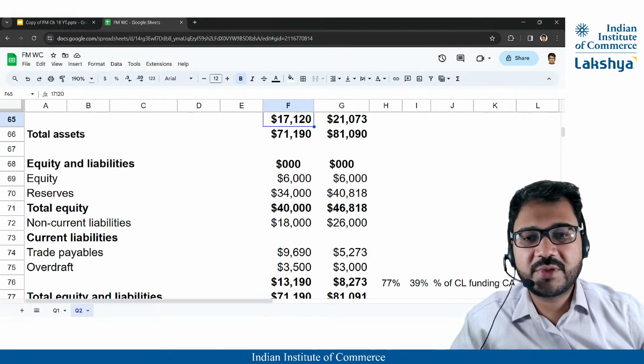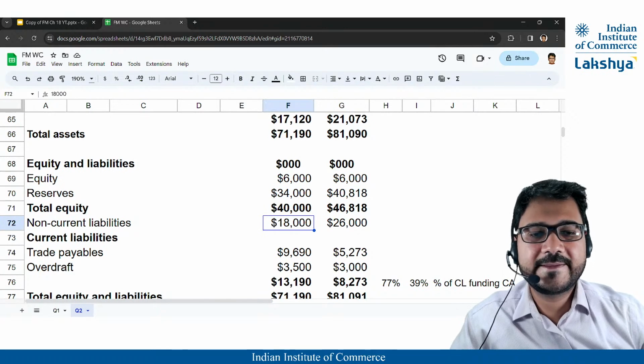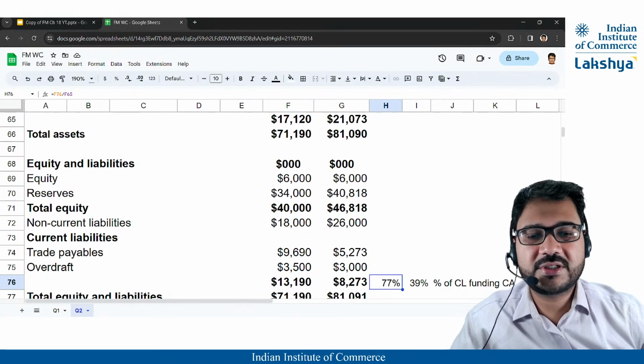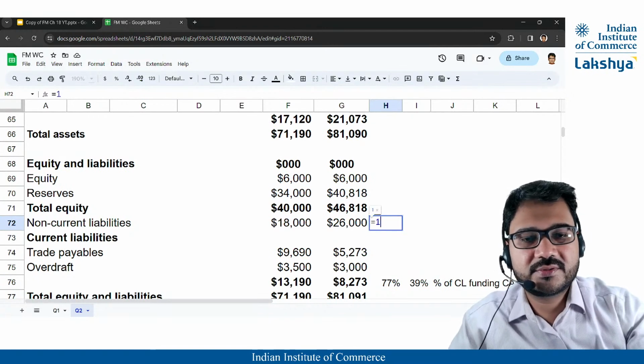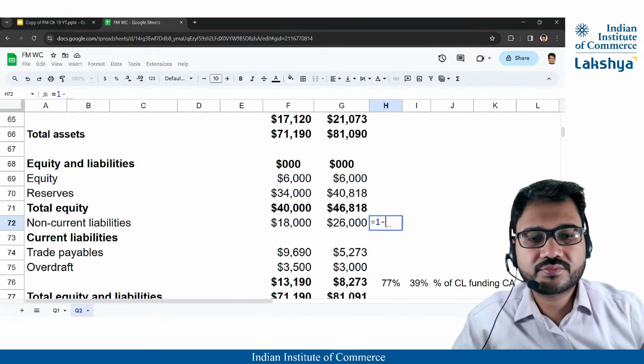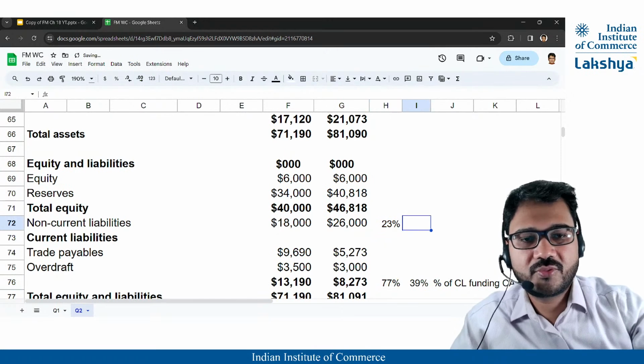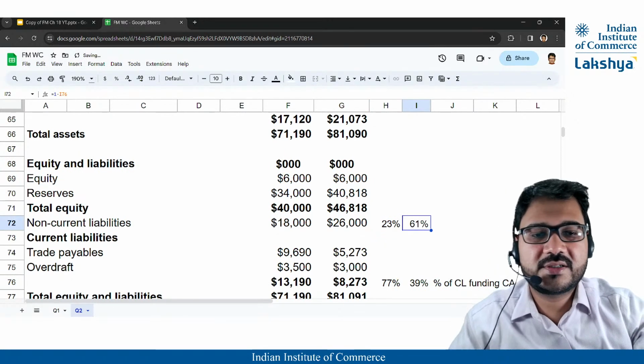So therefore, it was coming more like your requirement is just $17 million, but $18 million loan. Okay, so it's over and above that. But you would say that since 77% is funded by current liabilities, your non-current liabilities is just taking care of 23% and 61%.